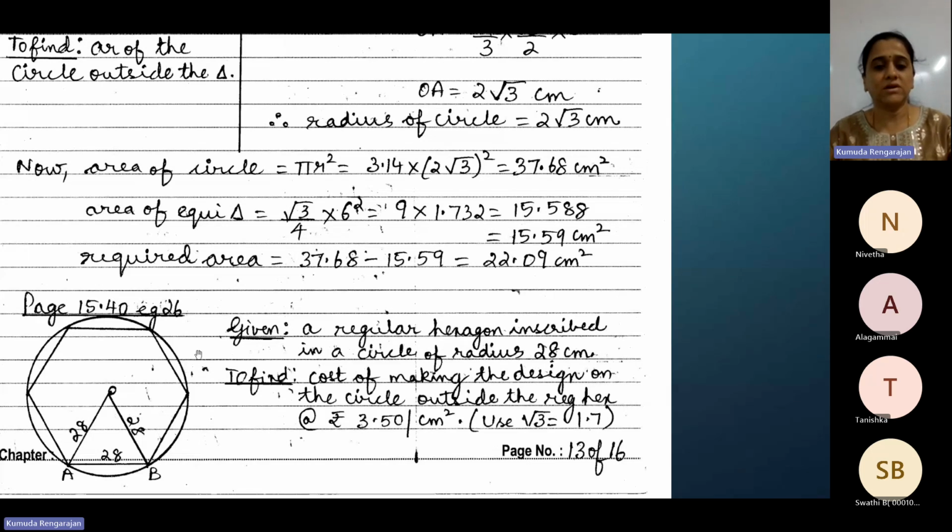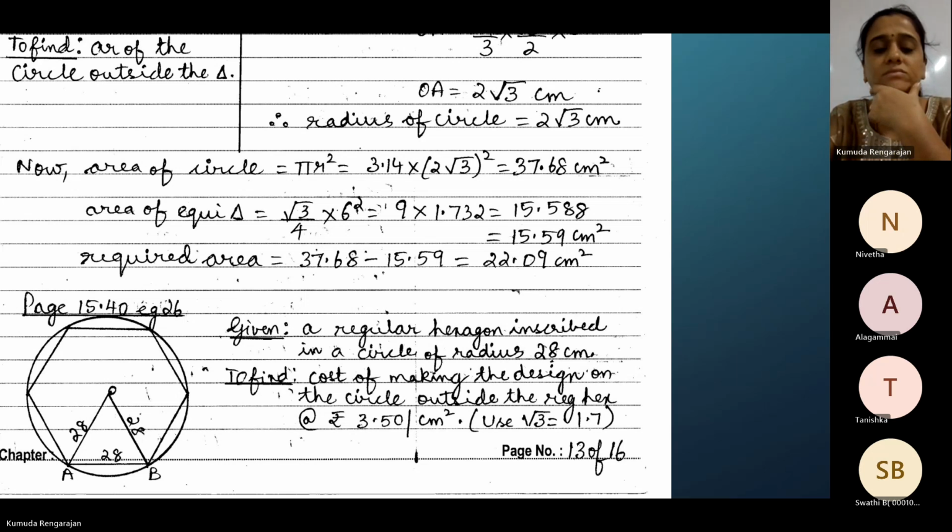Okay, write down the question. I've zoomed in, so I can't write. Don't write what you see here, just write down: a regular hexagon is inscribed in a circle of radius 28 centimeters.